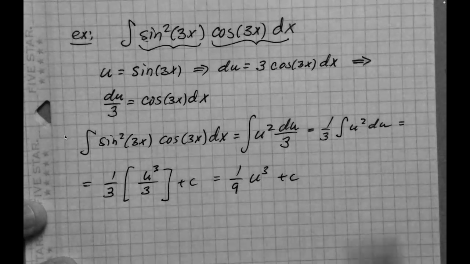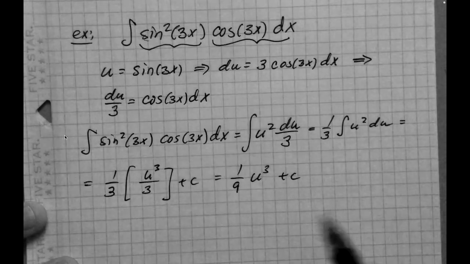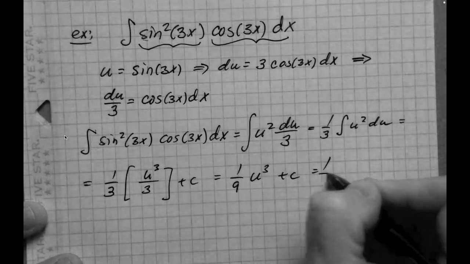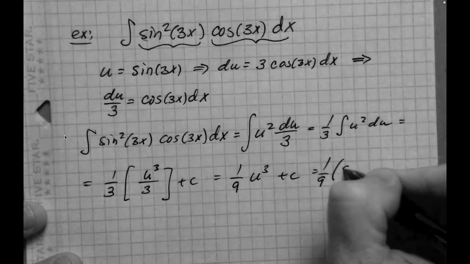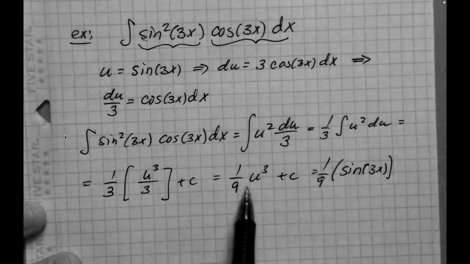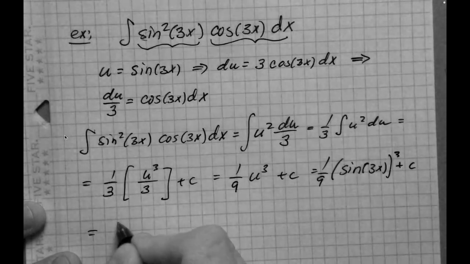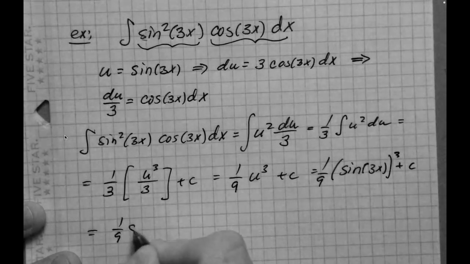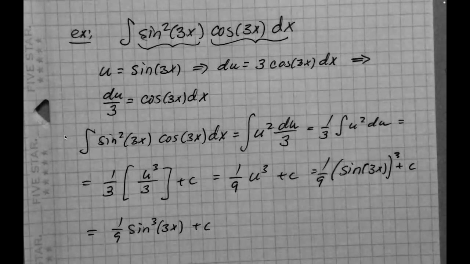And then I just toss my u back in and we're good. So this would be 1/9, and then the u is sine of 3x, and now it's cubed. So probably better written as 1/9 sine cubed 3x plus c.